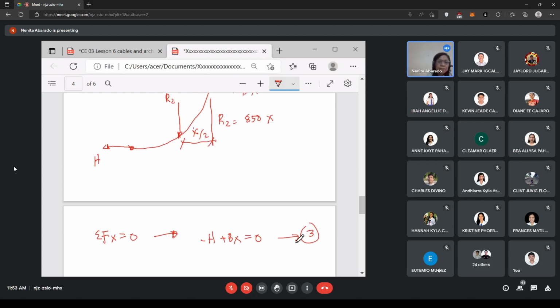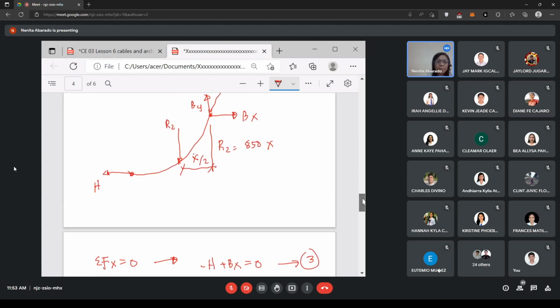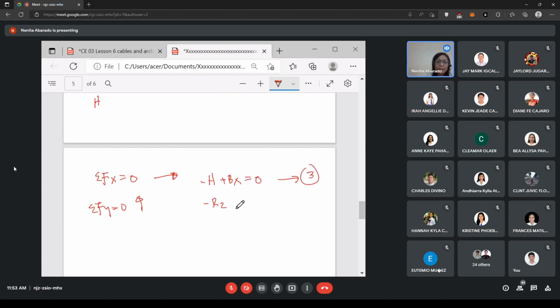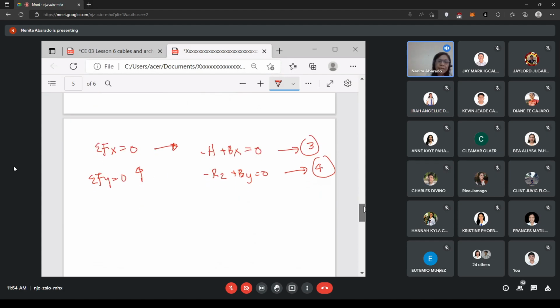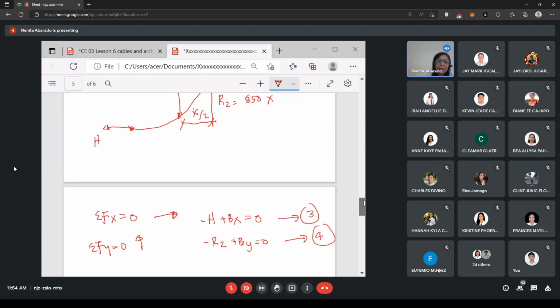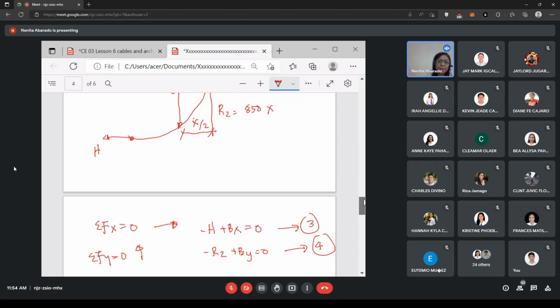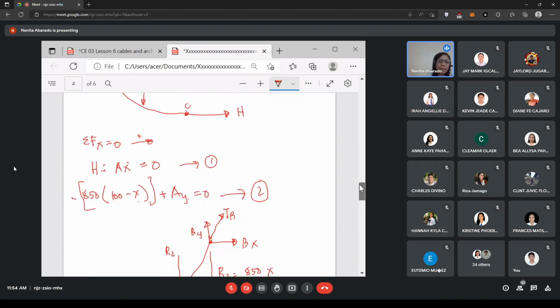Another, summation of forces vertical is equal to 0. So we have minus R sub 2 plus B sub y is equal to 0. That is equation 4. We have so many unknowns. So how do we deal with this? Let's take the summation of forces horizontal, H minus BX.